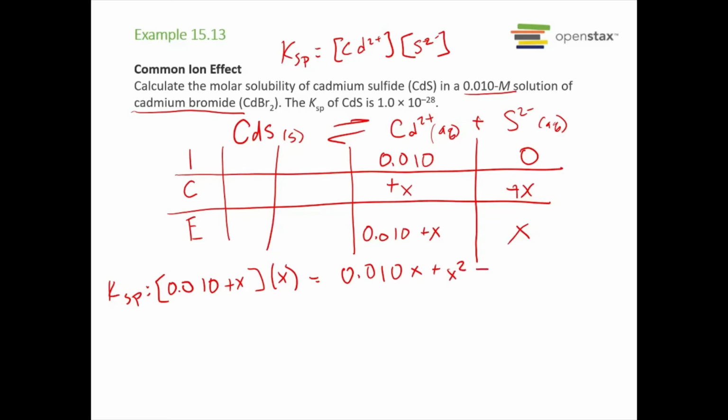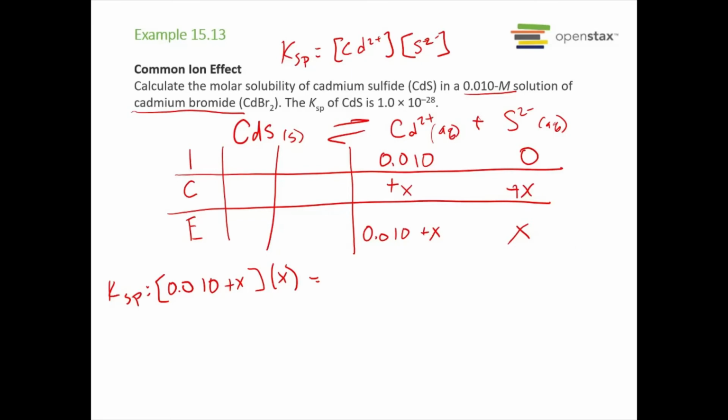And that is equal to 1.0 times 10 to the negative 28th for Ksp. Oh, you know what? Hold on. Let's go ahead and use a shortcut.